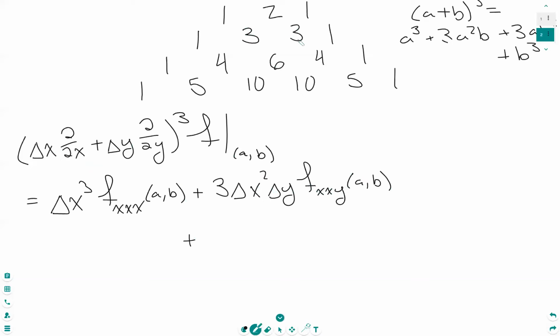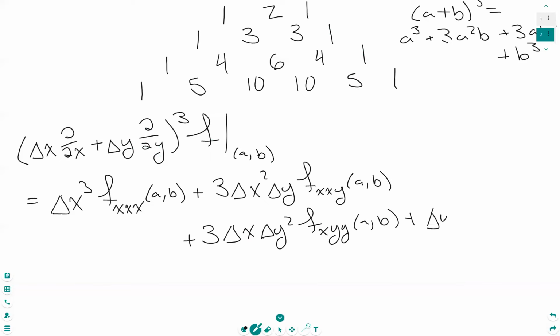And my coefficient is 3 here. So I get 3 delta x delta y squared f x y y at (a, b). And then finally, I don't have any x's, I have 3 y's. And my coefficient here from Pascal's triangle tells me it's a 1.